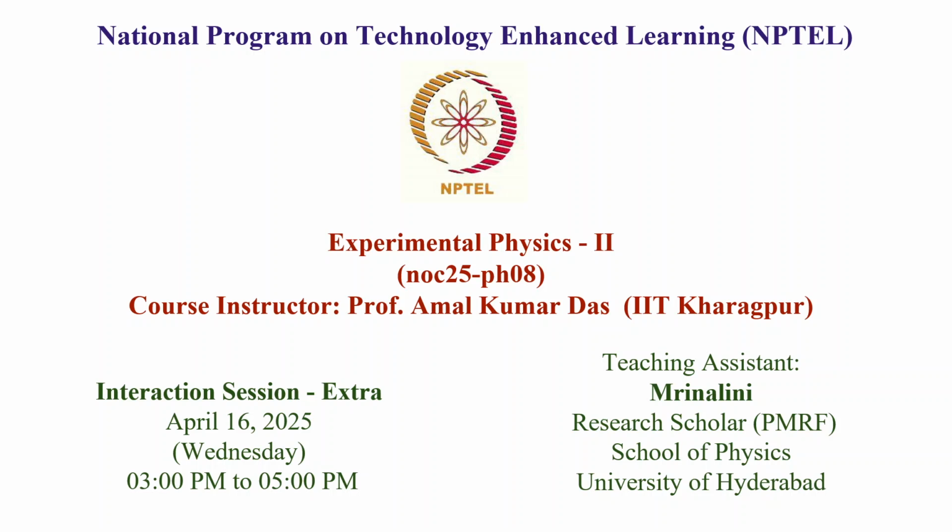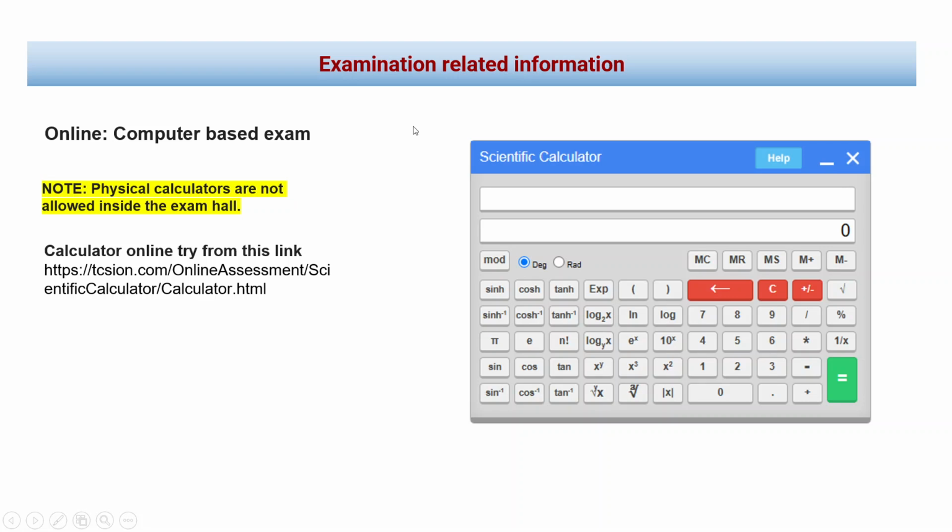So let's start. First, this is very important because in one of the interactive sessions, one student had asked whether we will be able to use calculators. An email had come from NPTEL regarding this, where it was clearly mentioned that physical calculators will not be allowed inside the exam hall.